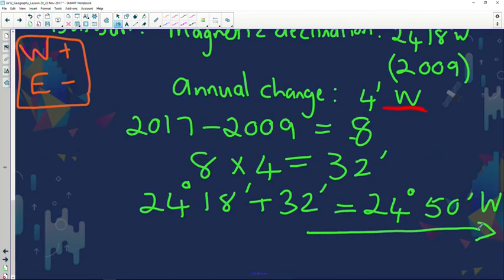I quickly want to do another example regarding if the annual change would have moved in the easterly direction, just to make 100% sure that you are covered if they do ask this question. Let's use the example of Bloemfontein. On the Bloemfontein 1 to 50,000 map, they provide us with the following information.